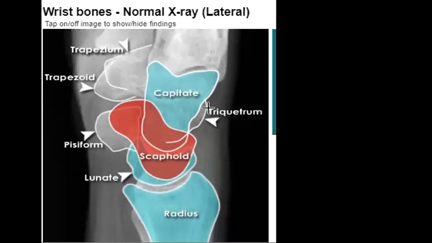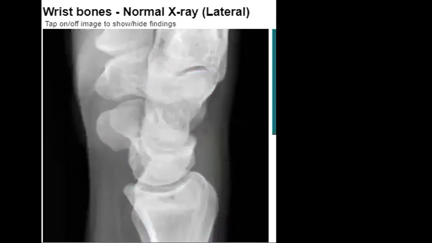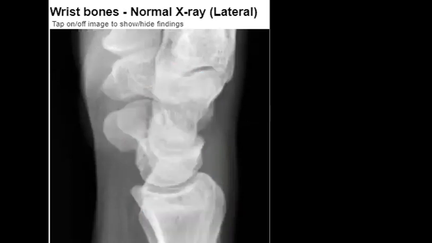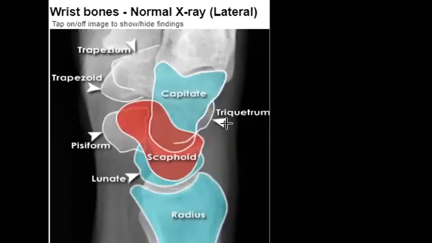So if you remember, the fragment of bone here is what is called a triquetral fracture. And in the anterior portion, you will search for trapezium, trapezoid, which is not common to be fractured, and the pisiform. Sometimes they like to mention that anteriorly you have the pisiform and posteriorly you have the triquetrum. So if you find the fracture here, it is most likely triquetral, and if you find the fracture here, it can be pisiform, but it is not common to see.